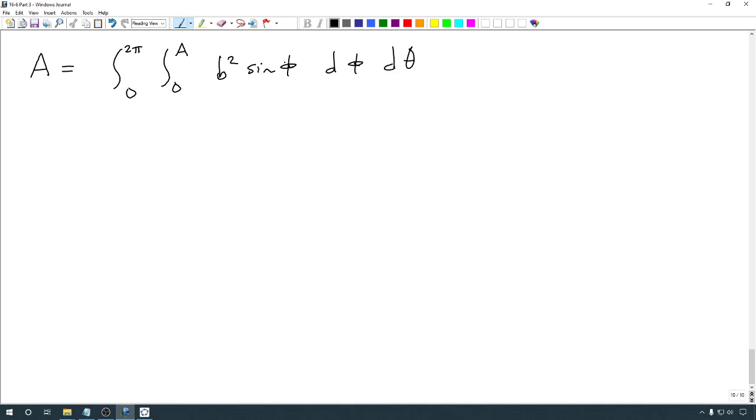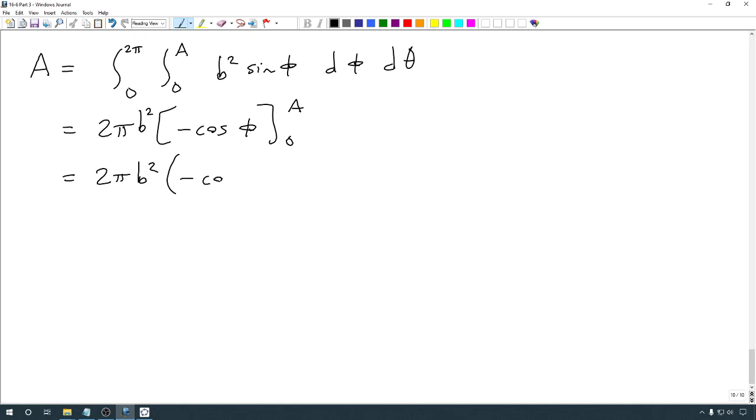But there's no thetas in here, so actually the d theta, we end up getting a 2 pi on the outside. I guess we can even pull out the b squared from there. The integral of sine phi becomes a negative cosine phi from 0 to a. We go ahead and plug in those values.